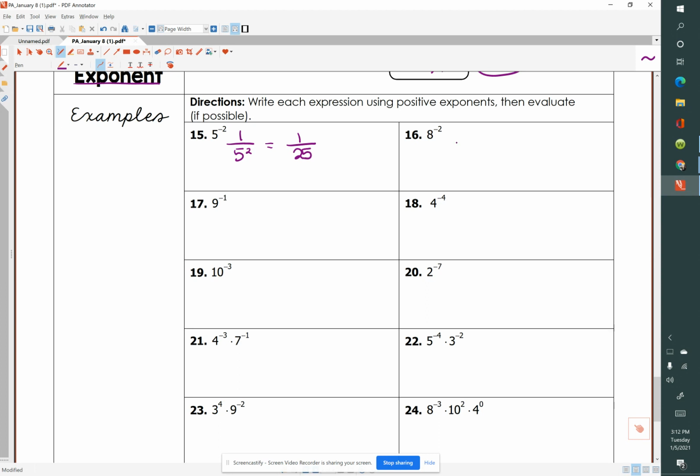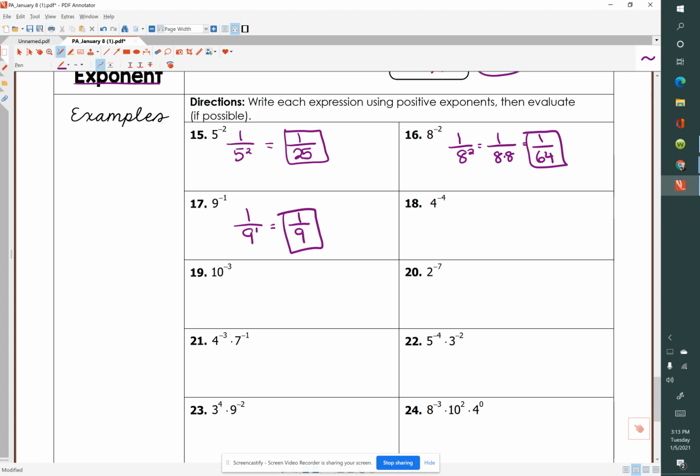Now 8 to the negative second power can be written as 1 over 8 to the second, which would be 1 over 8 times 8, which would be 1 over 64. Now, number 17, 9 to the negative 1 power would equal 1 over 9. We can say 1 over 9 to the first power, but we don't write the first power, so we just write 1 over 9.